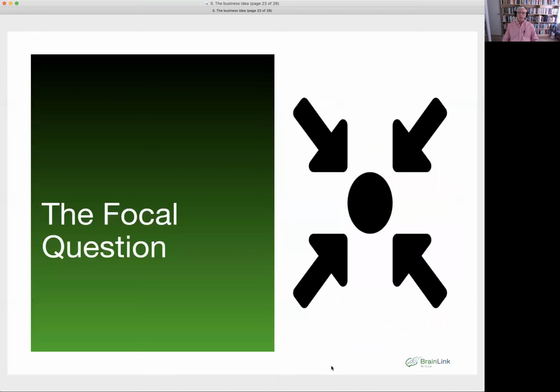The second part of your exercise in this first stage of scenario planning, which is really step 2, but we generally do step 1 and step 2 simultaneously, is the focal question. Now, I mentioned to you before that the focal question is really about helping you to focus your environmental scan.